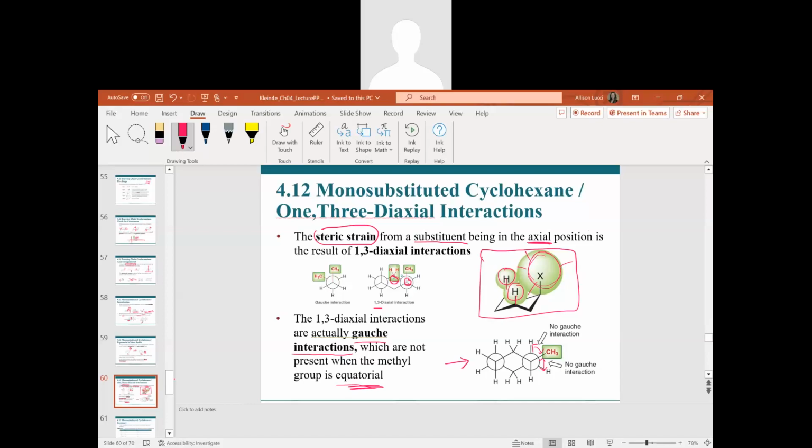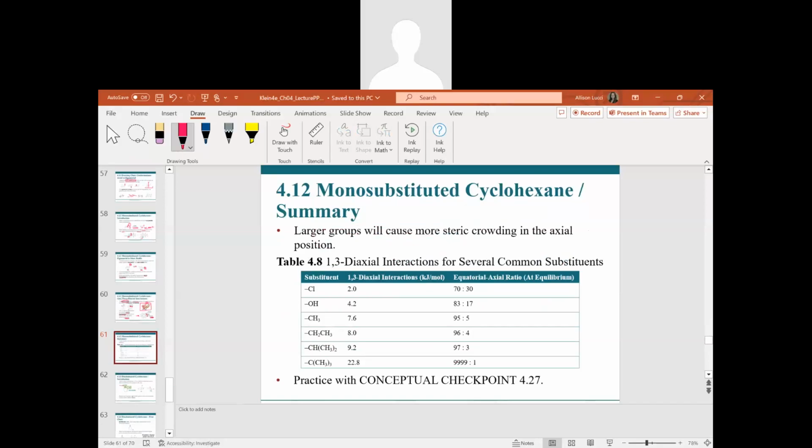So this is the equatorial position shown down here, where there's that lack of gauche interaction. So that's why we see the percentages of time where we have one conformation over the other.